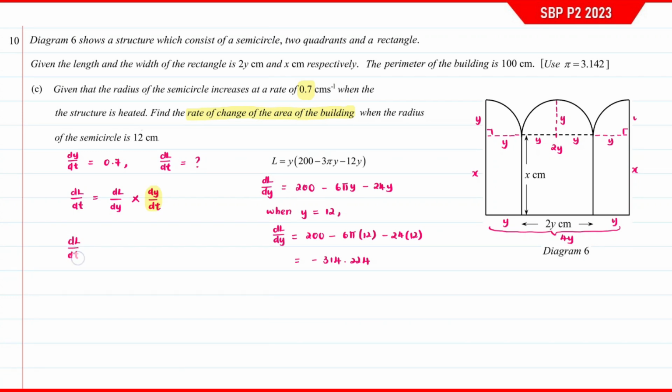Then dL/dt will equal to negative 314.224 times 0.7, which is equal to negative 219.96.